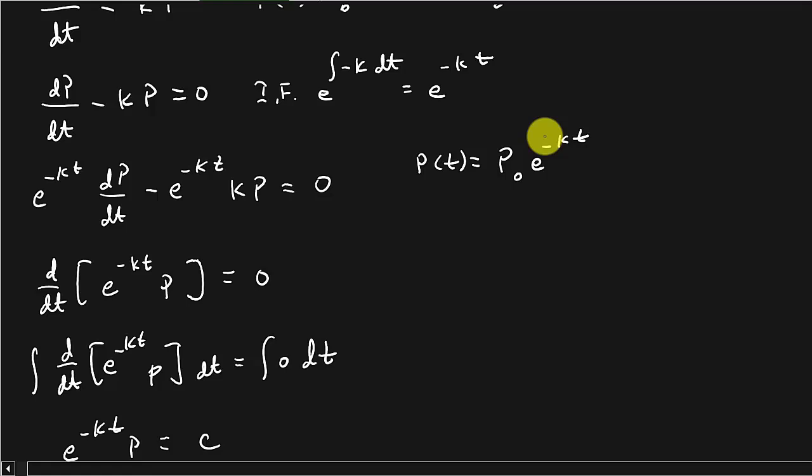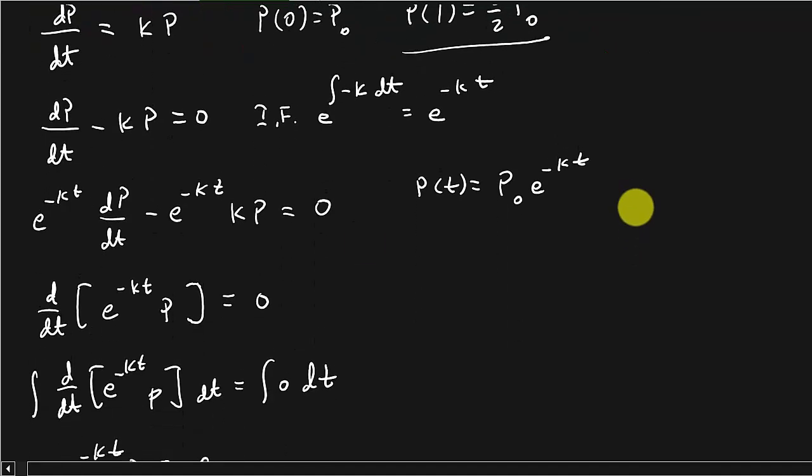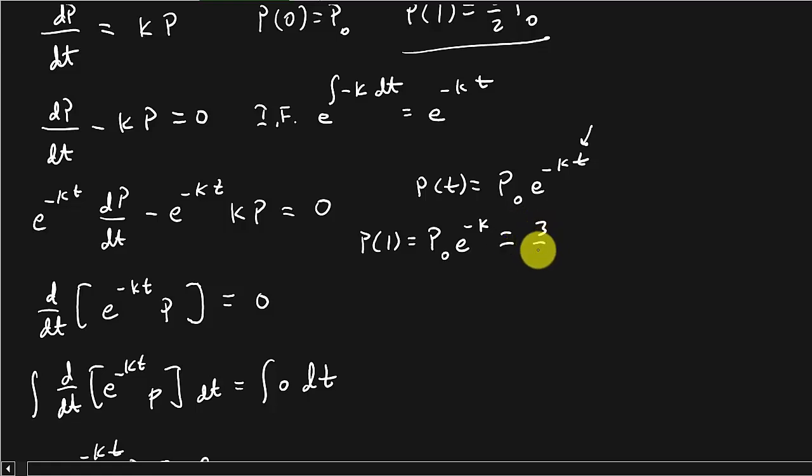Well, do they give us any other information? They tell us that P of 1 is equal to 3/2 P naught. So I've got P of 1 is equal to P naught e to the K. I'm plugging in the 1 for t, so that's just going to give me e to the K is equal to 3/2 P naught.